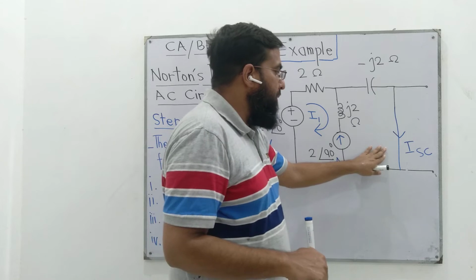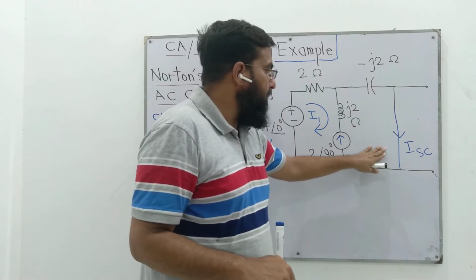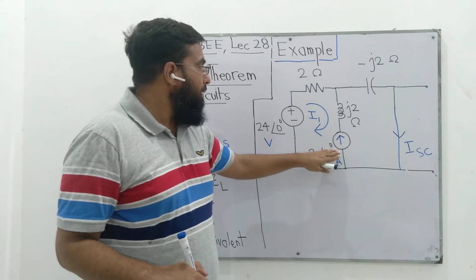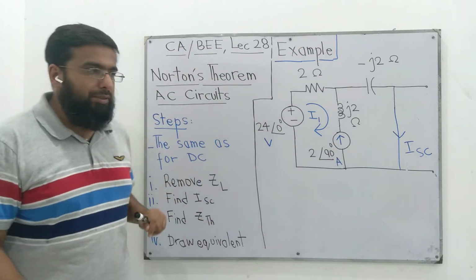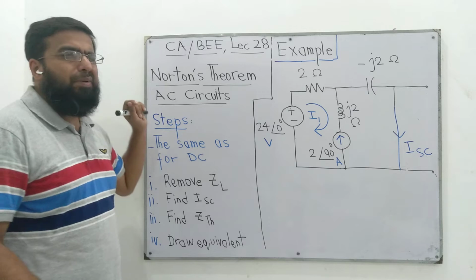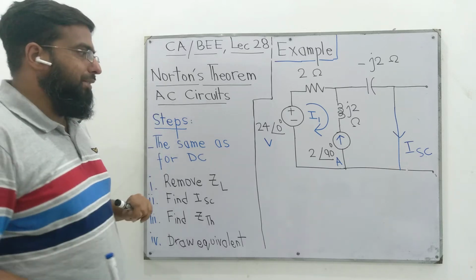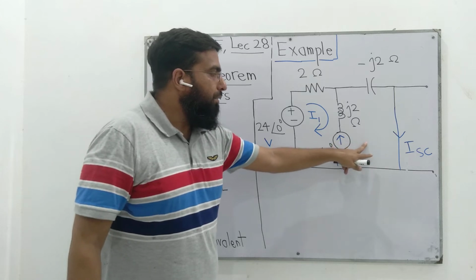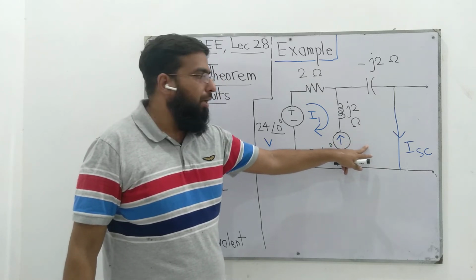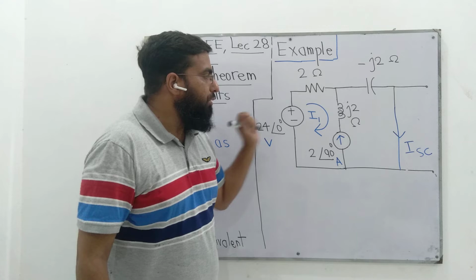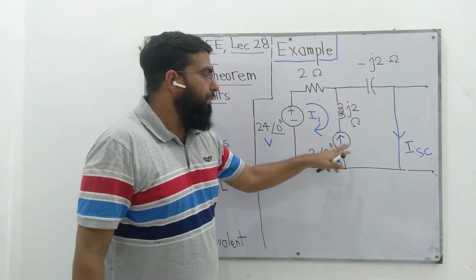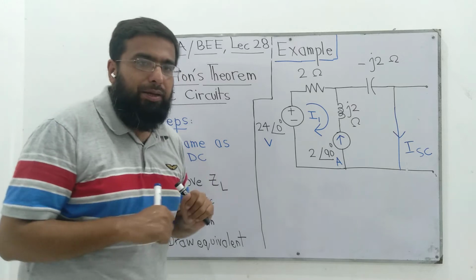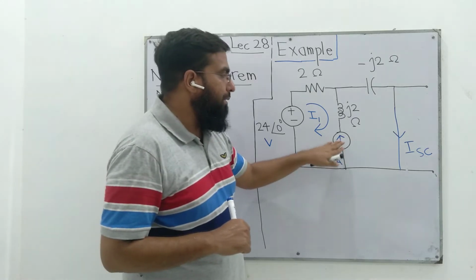This loop cannot be assumed to be loop number 2. We have studied this fact in our earlier lectures when we applied loop analysis for DC circuits. You can find that video on my YouTube channel. We cannot consider this as a loop because in that way this current source will be shared among these two loops. So we have to find a loop that bypasses this current source.